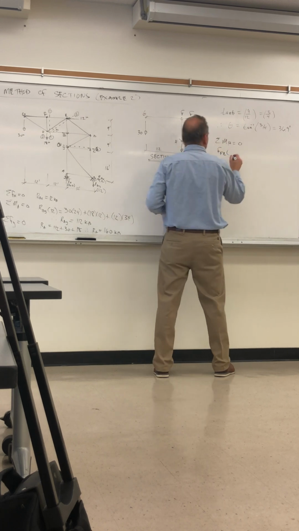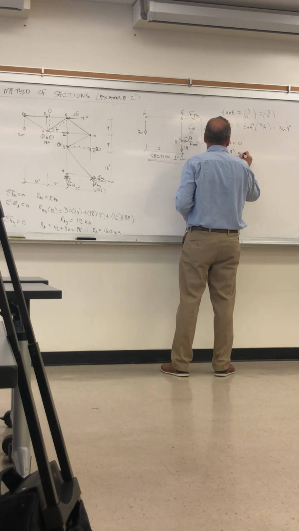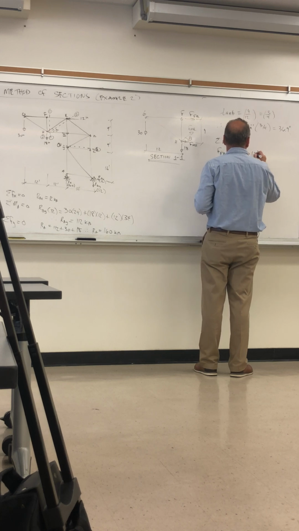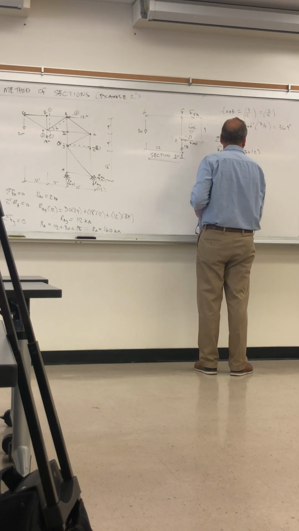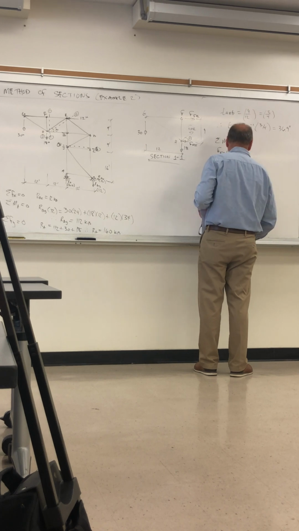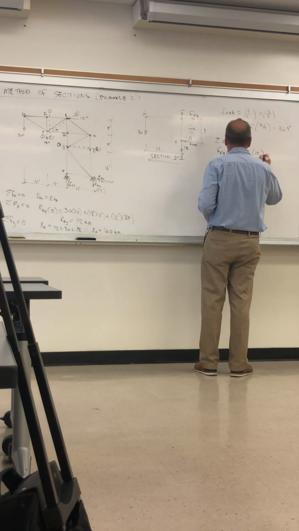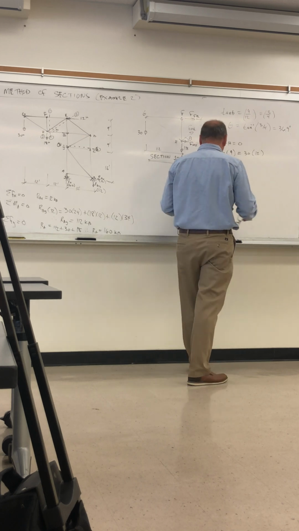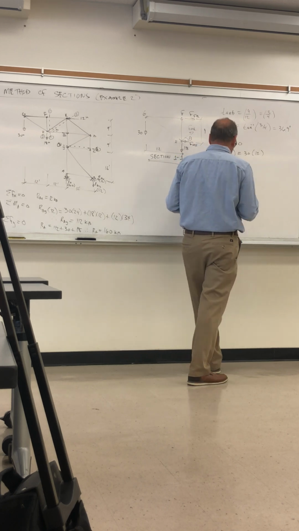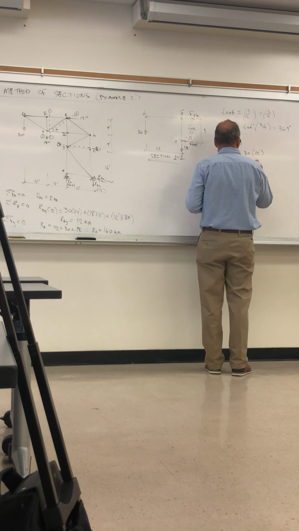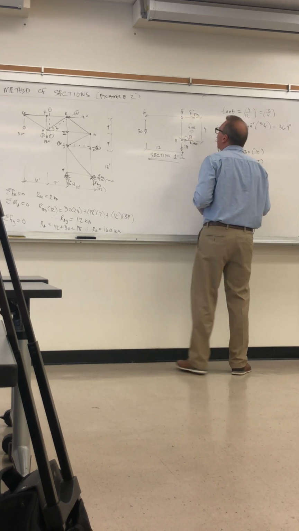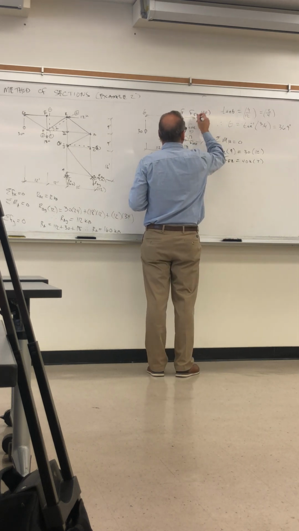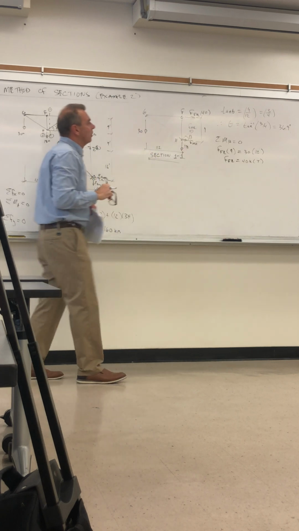F of FE times 9 equals 30 times 12. This is 40 kips. I drew it as tension, and it's positive, so it is tension.